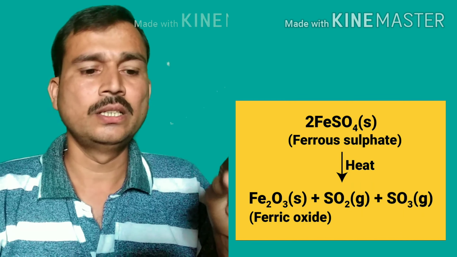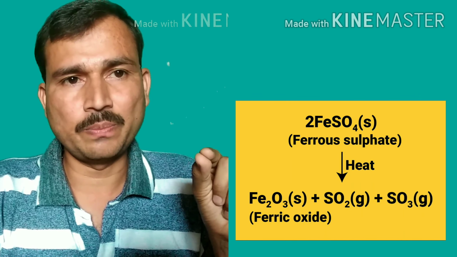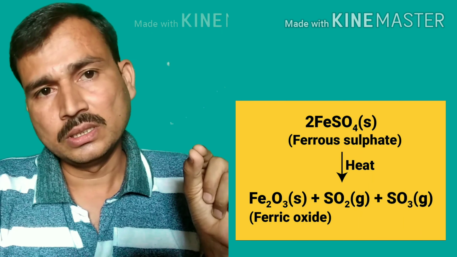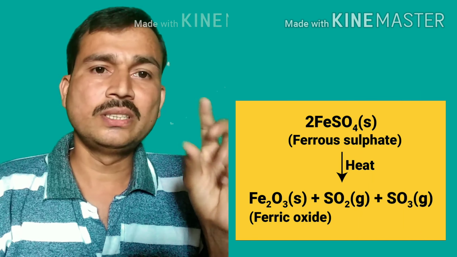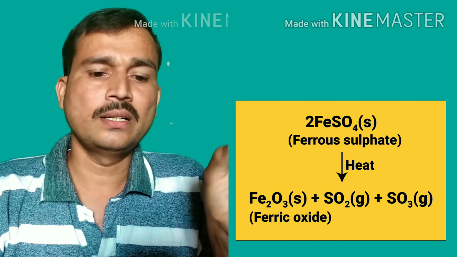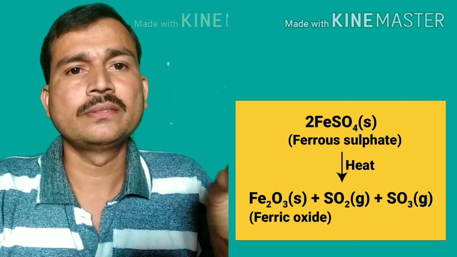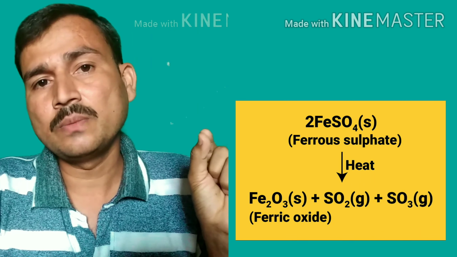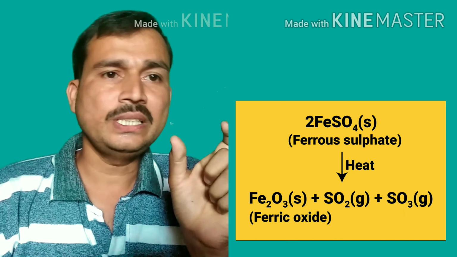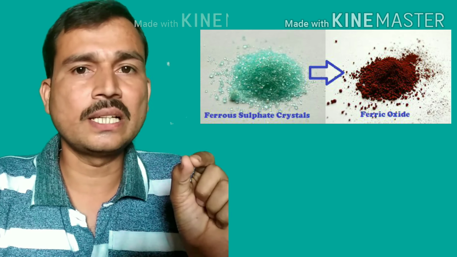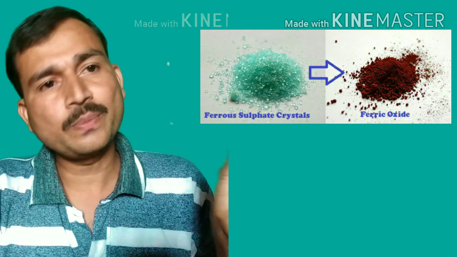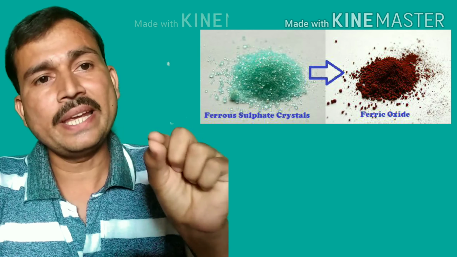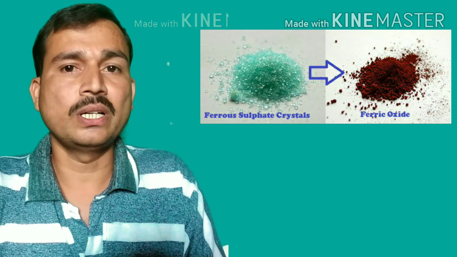After heating, the two molecules of ferrous sulfate give three products. Those are ferric oxide, sulfur dioxide, and sulfur trioxide. The green color of ferrous sulfate crystals turns after heating into ferric oxide, which is brown in color.